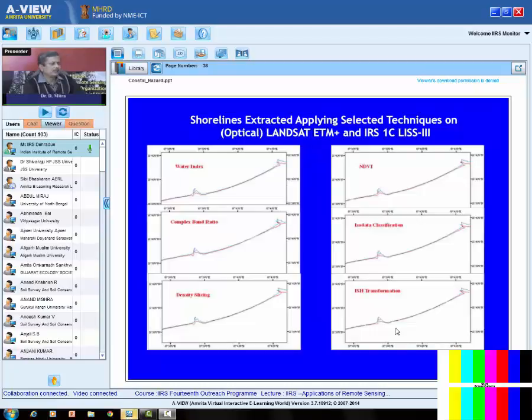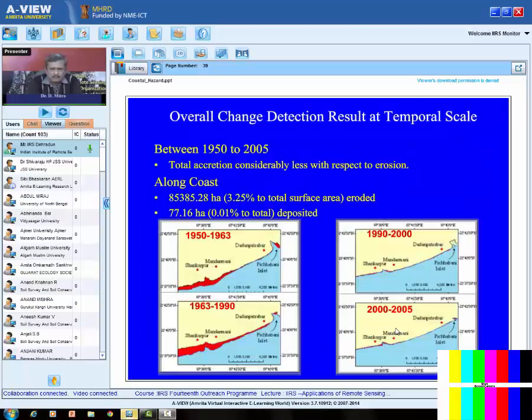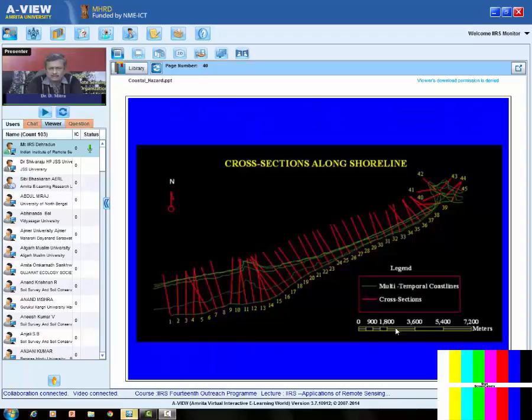Overlaying the shorelines from different time domains, you can find out how the shoreline is changing with time. You can see that in the multi-temporal domain from 1950 to 2005, which part is eroding and which part is depositing.